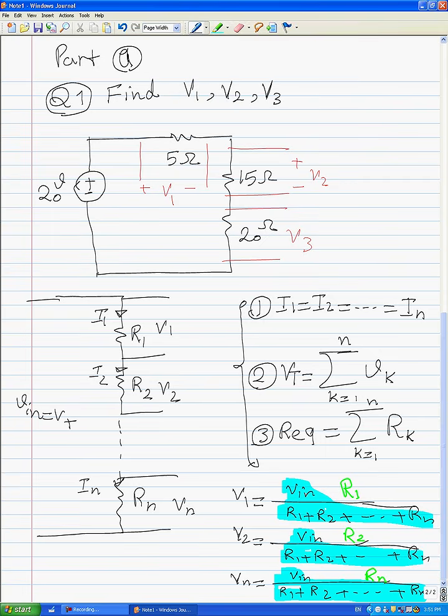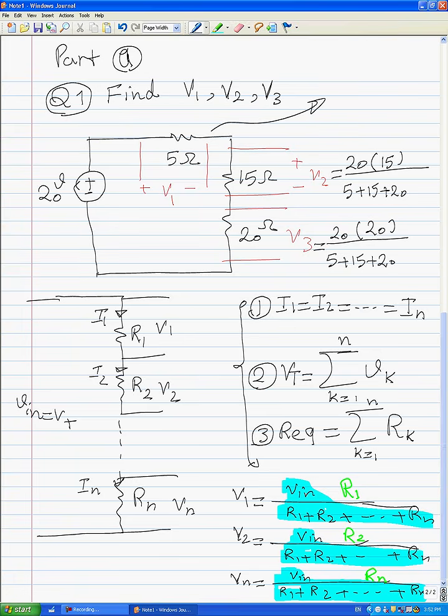This rule says, for example, for V2, we have here 20 volts, and here we have 5 plus 15 plus 20, times 15. And for V3, again, here we have 20, 5 plus 15 plus 20, times 20.